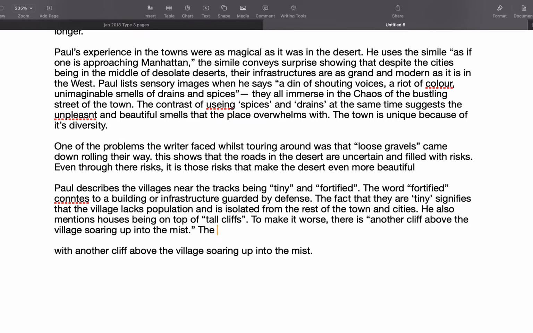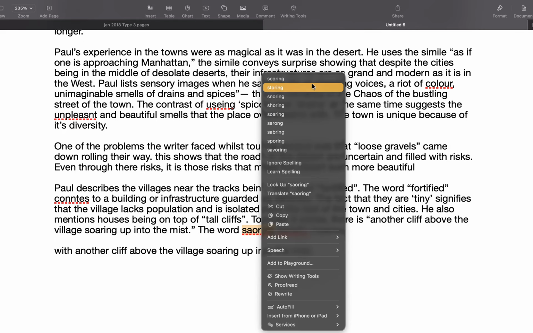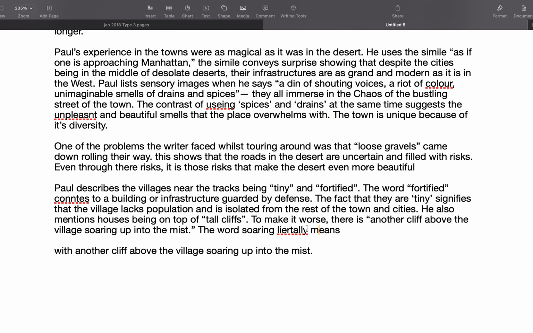Now we're gonna describe the word soaring. The word soaring literally means something rising up to the sky at great speeds. Not snoring, man. Soaring. It means something that ascends to the heaven.